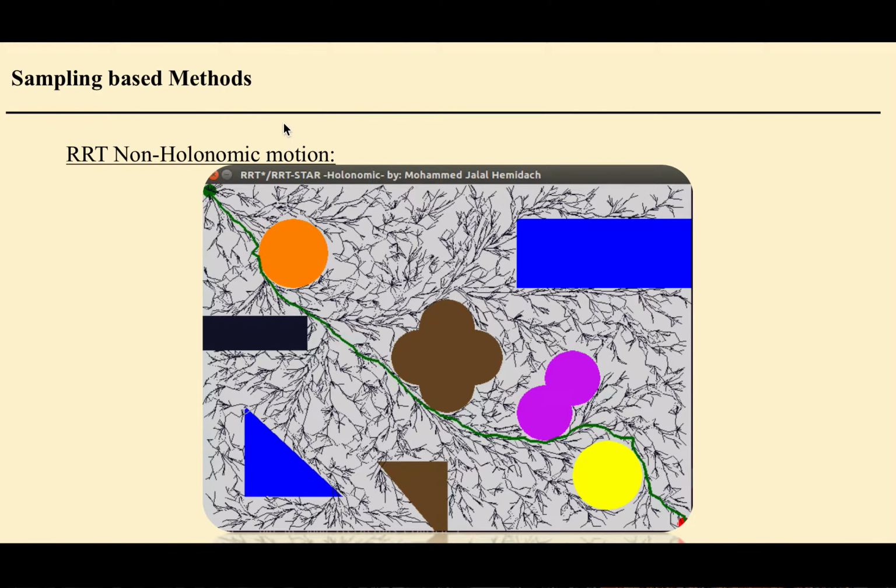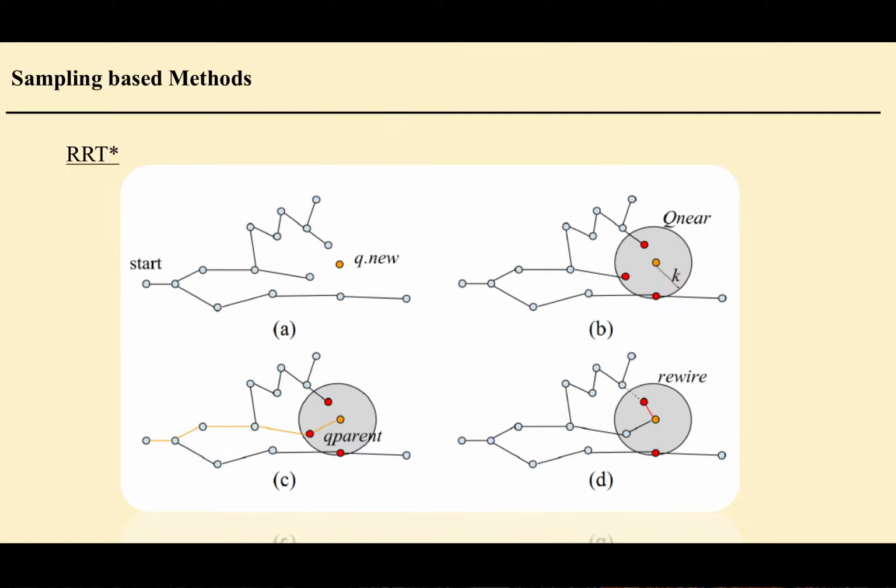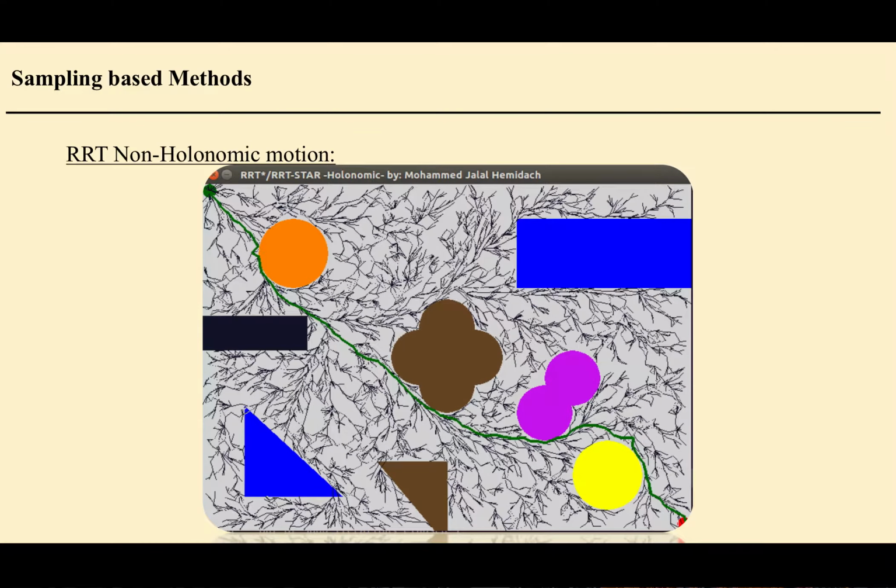The next sampling based method that we're going to see is RRT star. RRT star is like RRT, but it doesn't just give a path from the initial point to the destination goal.